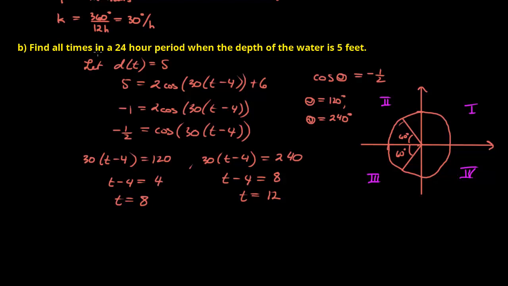But it says in a 24-hour period. Now, in a 24-hour period, there's 2 cycles of this function, because the period of this function is actually 12 hours. So that means that 12 hours after 8 a.m., we're going to reach a depth of 5 feet again, and 12 hours after 12 p.m., we're going to reach 5 feet again.